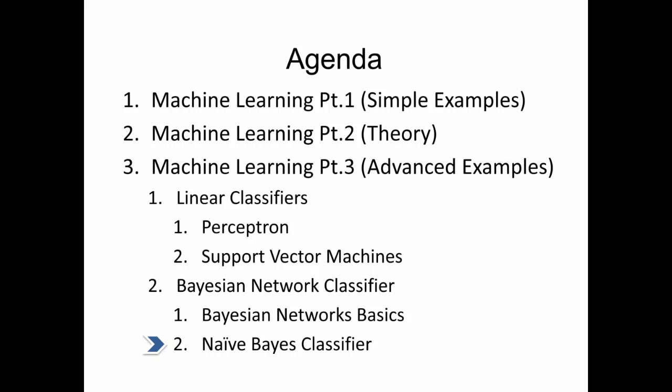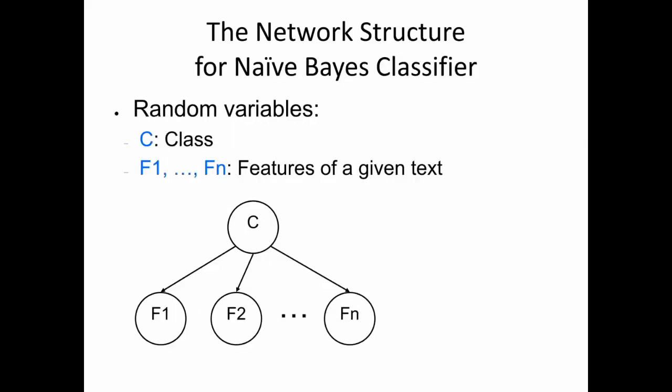We'll study one type of such classifiers called naive Bayes classifier, which is the most popular of all Bayesian network classifiers. As we've seen, Bayesian networks can capture a very complicated conditional dependence structure. In naive Bayes classifier, however, we actually have a very simple structure where we have n random variables dependent on a single random variable. And this is actually a structure we've seen before called common cause.